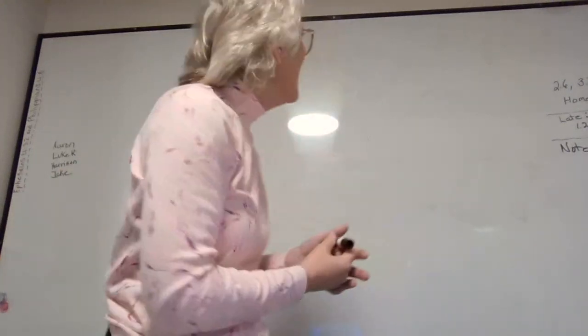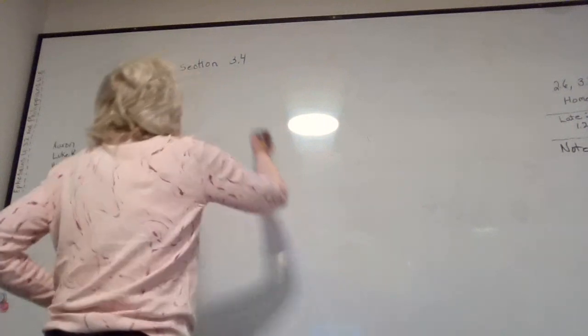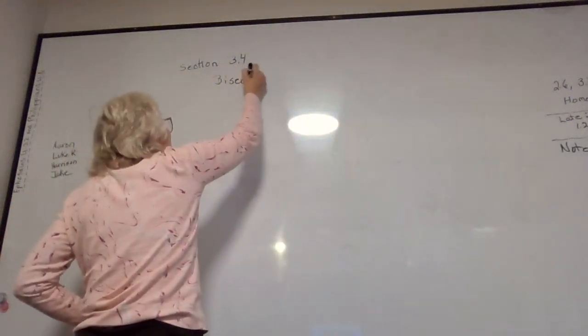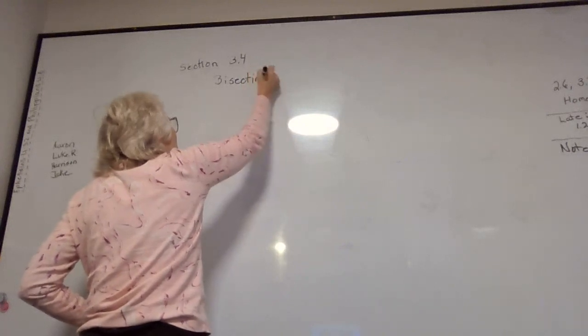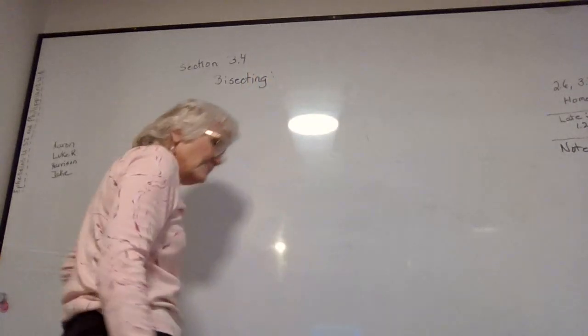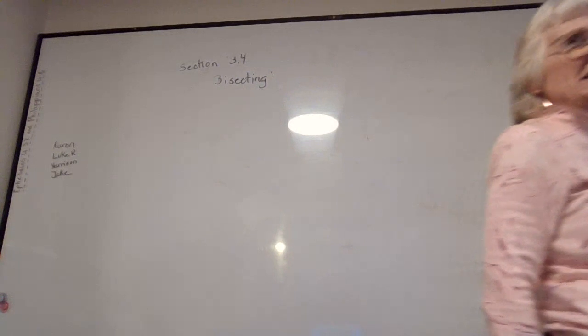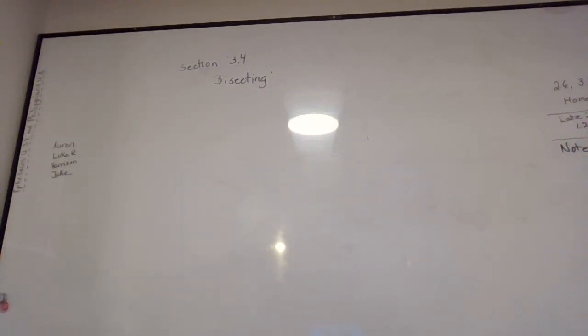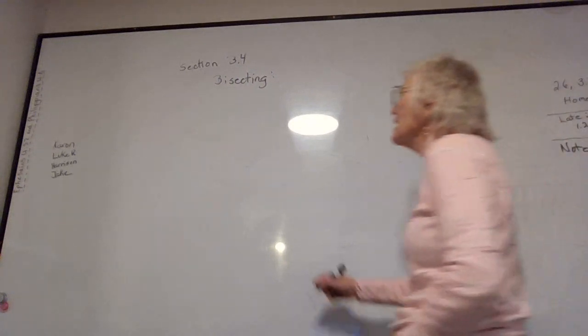Okay, so in 3.4 is bisecting. Somebody tell me what it means to bisect something, an angle or a ray. Yes, it just means to cut it in half.